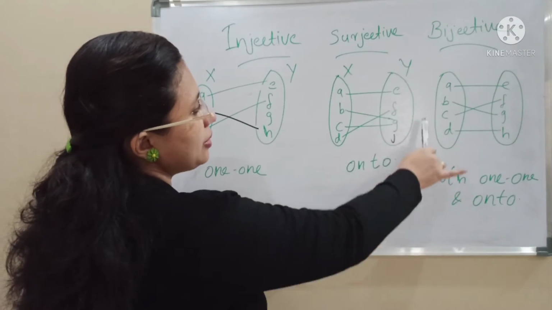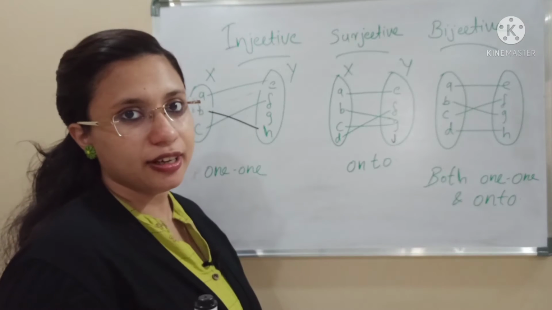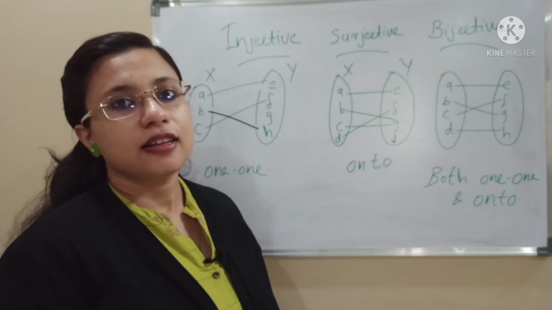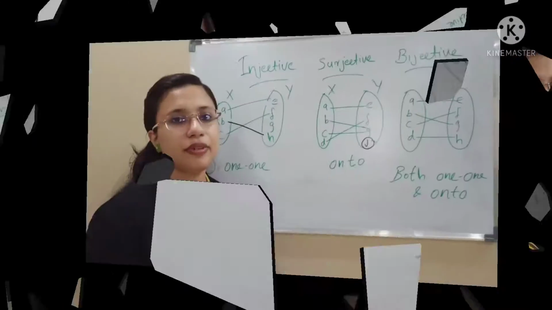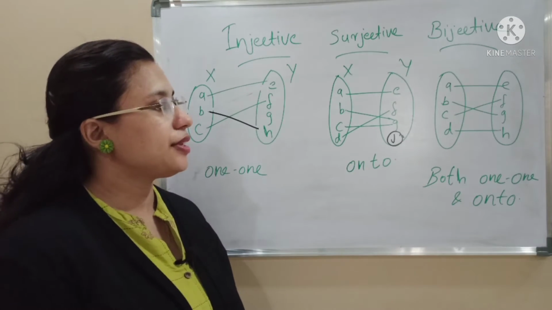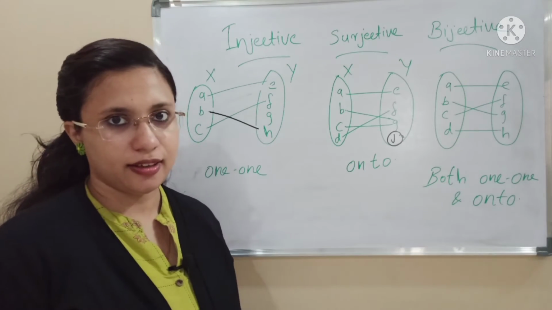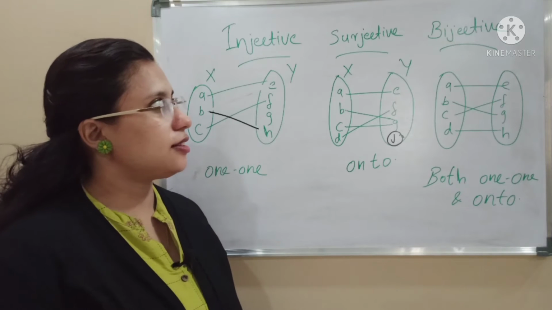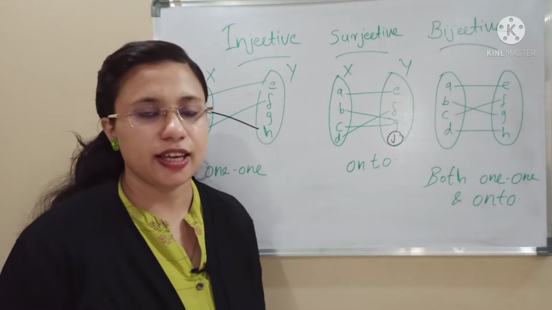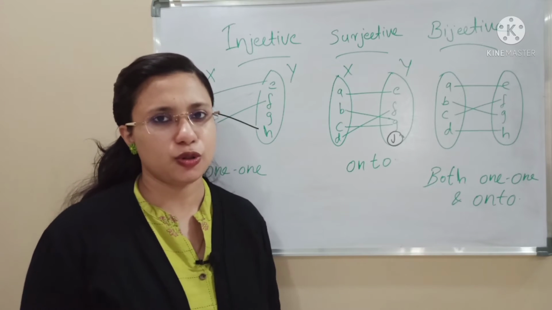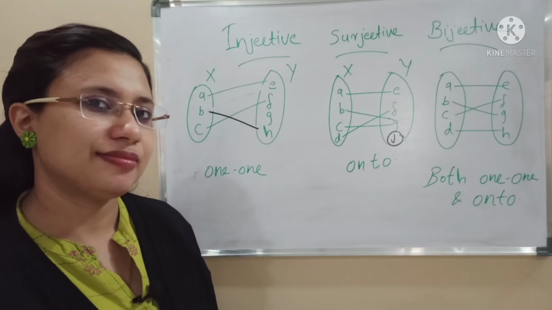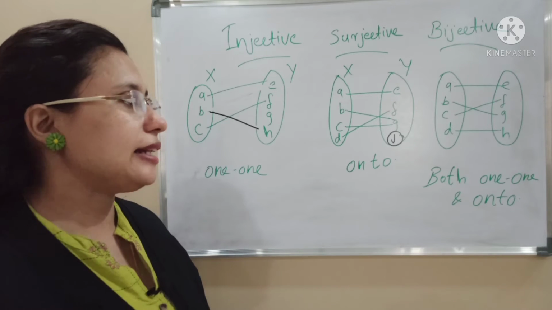So every element in Y should have at least a single relation with set X. Suppose we have added an element J in this surjective function. Can we say it is a surjective or onto function? Just think, will you say that? No, exactly not.